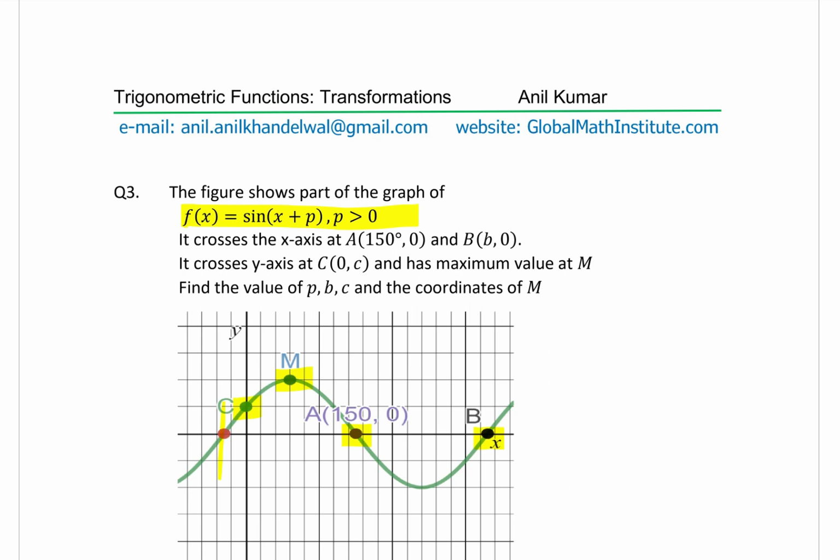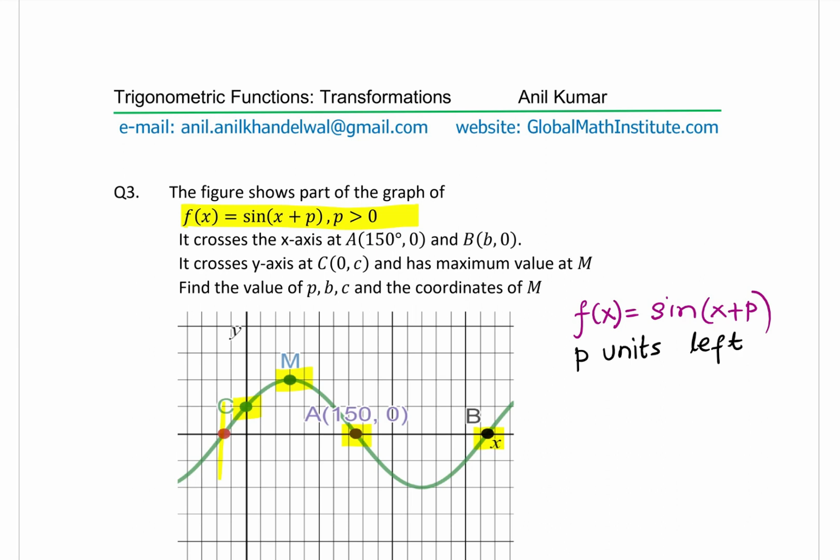So the function which we are working with now is f of x equals sine of (x plus p). The only transformation is p units left. Now p is what?